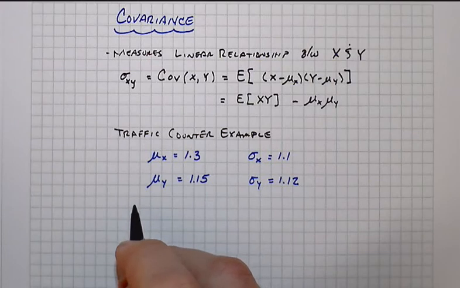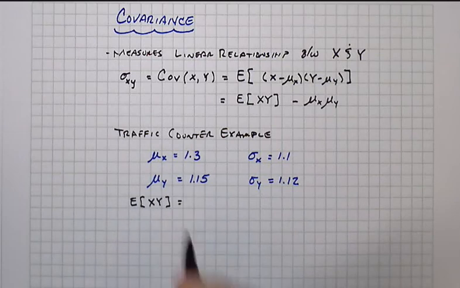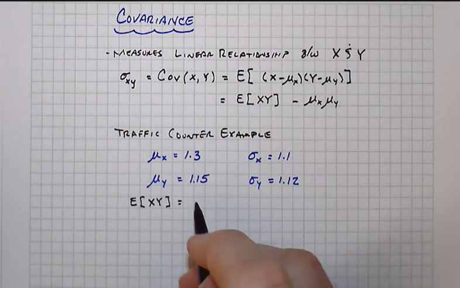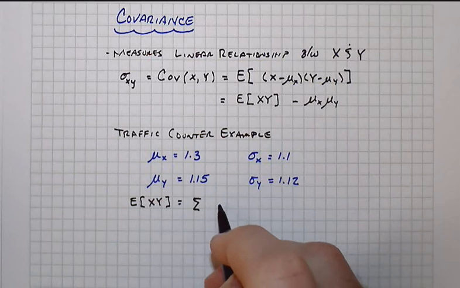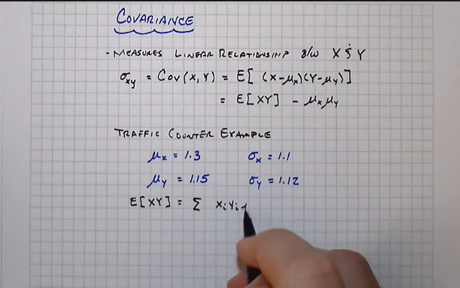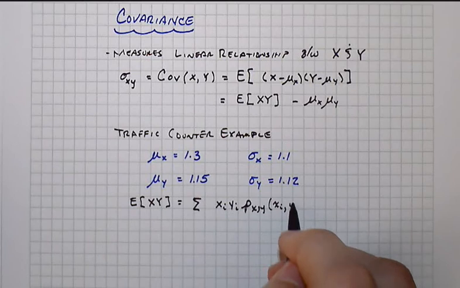And so let's look at how we determine the expected value of x times y. That is literally nothing more than taking as a sum our x value, our y value, and the probability that each one takes on those values.